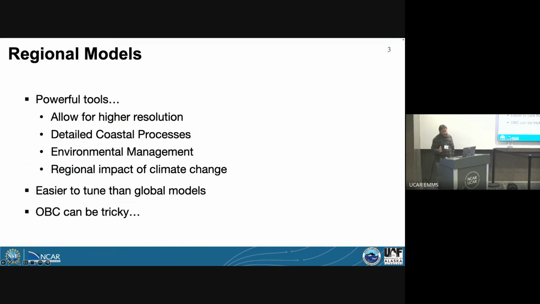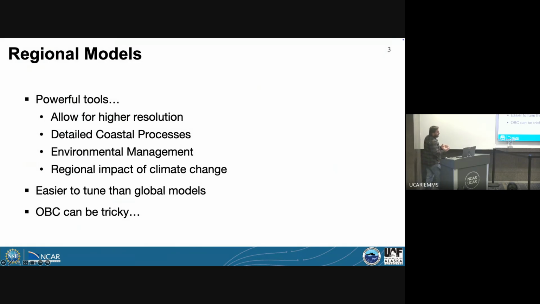If you're here, you're probably not a hard audience to convince that regional models are a very powerful and useful tool. One thing we always highlight is that they allow for higher resolution than global high-resolution models, and they allow much more detailed coastal processes, which is critical for many applications, including environmental management cases, like fisheries or providing information to marine protected areas.